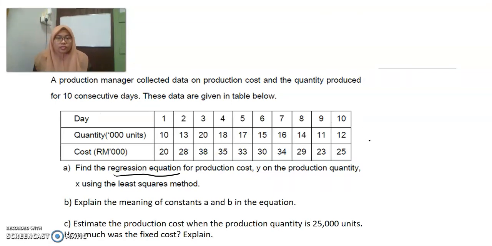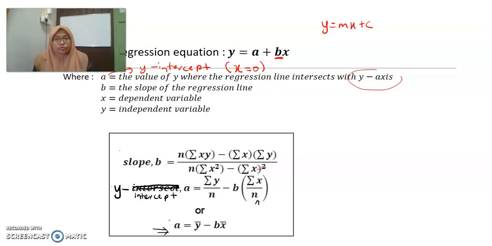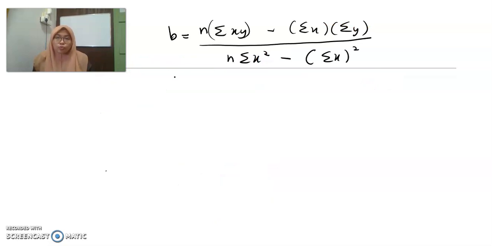Okay, to find the y equals to a plus bx equation, you must find a and b value. So you must find the b value first, because to find a, you need the b value. So the first step is to find the b value. So this is the b formula.